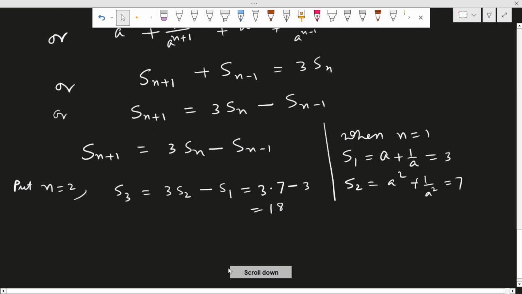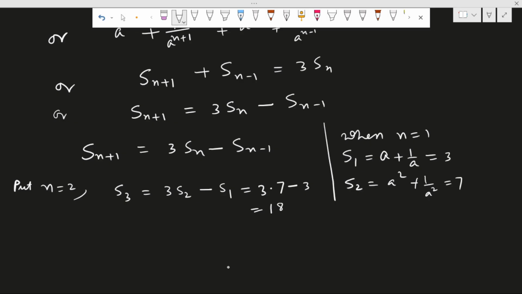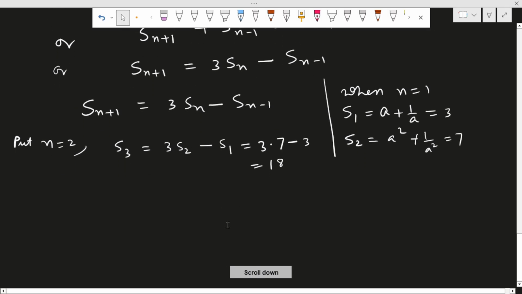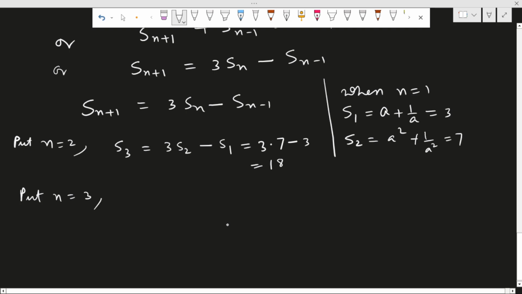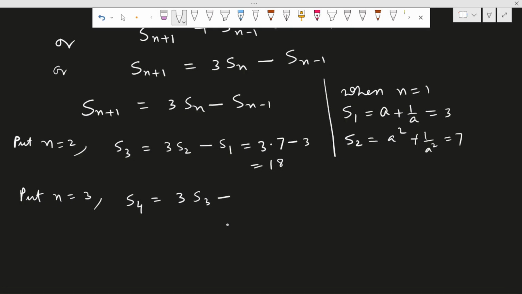Next, put n is equal to 3. What we have, S4 is equal to 3 S3 minus S2.